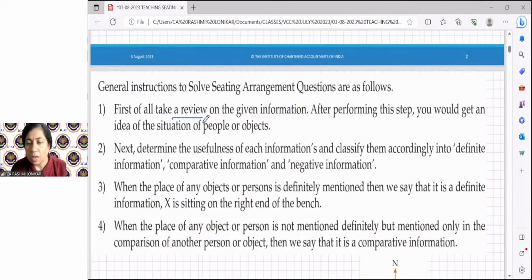After performing this step, you will get an idea of the situation of people or objects. When you are reading it for the first time, you should try to see how many people are there. Try to see whether it is a linear or a circular type of arrangement. Also facing east, facing west, facing north, facing south.